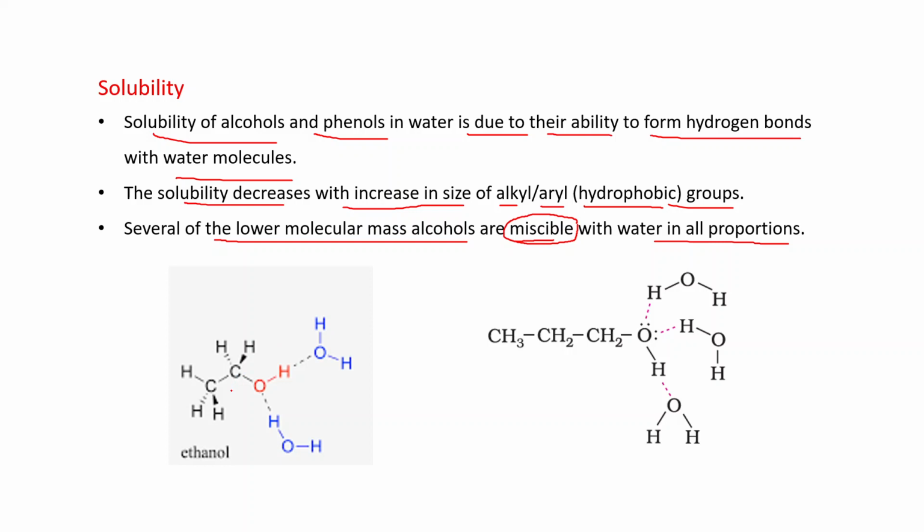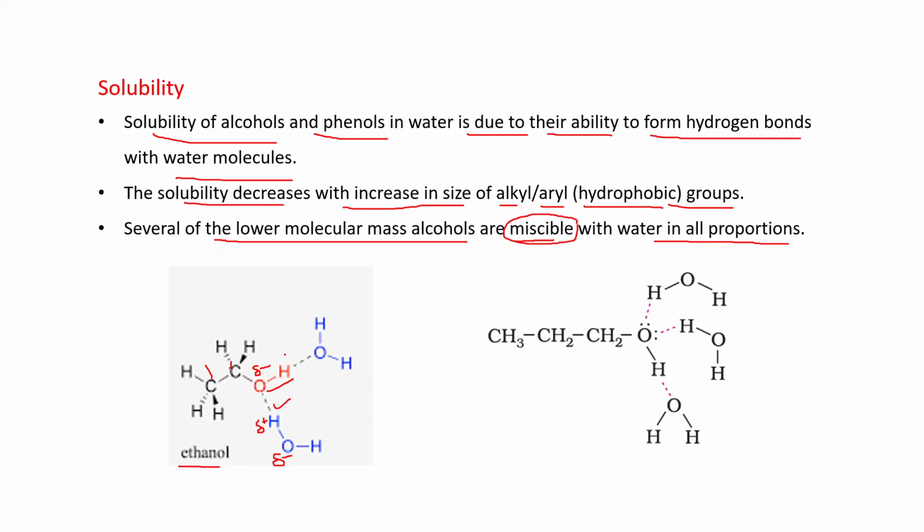The reason is that these alcohols can form hydrogen bonds with water molecules. You can see this is ethanol, CH3, CH2, this is OH. Now, this oxygen has partial negative charge, and in the water molecule, oxygen is also partial negative and this hydrogen is partial positive. This is hydrogen bonding.